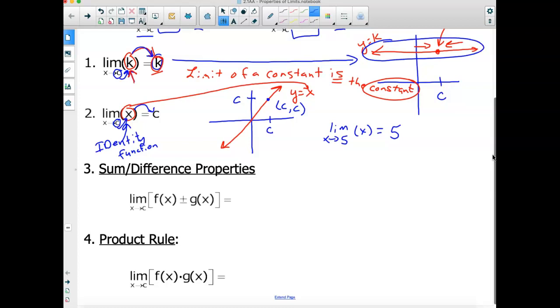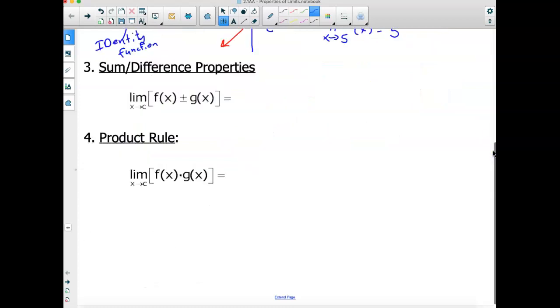Okay? We're going to quickly look here at the sum and difference properties now. All this means is the limit as x approaches c of f of x plus or minus g of x. That just means I can find the limit as x approaches c of f of x, and then I can add or subtract the limit as x approaches c of g of x.